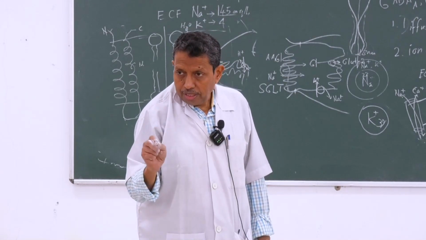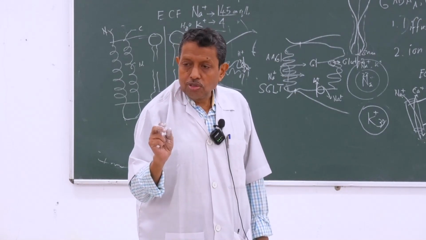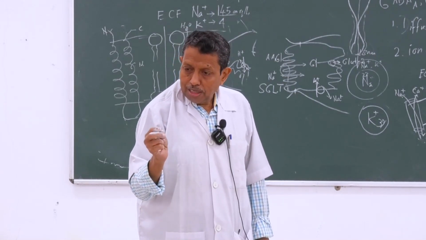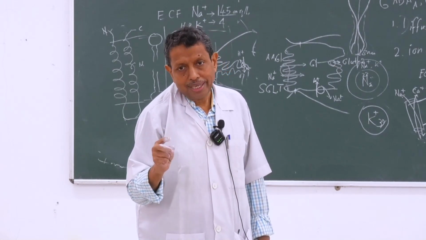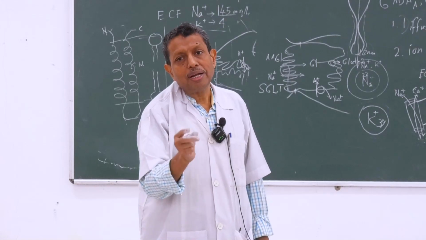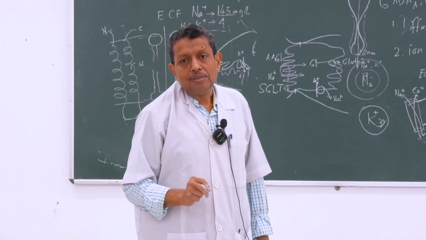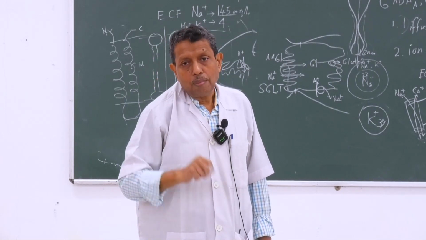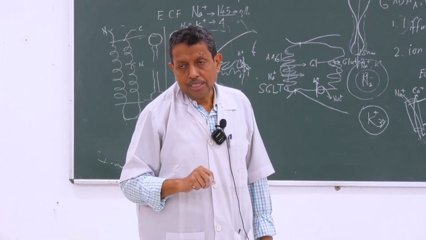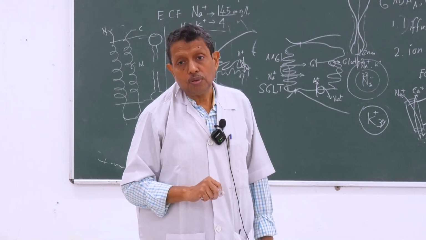GLUT4 remains within the vesicle normally, but when insulin binds with the receptor, there is some biochemical change, and the membrane carrying this glucose transporter is inserted into the membrane, so that glucose can enter by the process of diffusion. These are examples of facilitated diffusion.